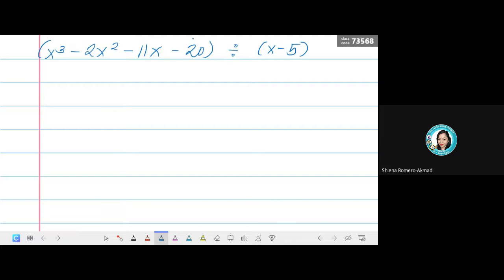And yung term na walang variable, that will be a constant number, dun siya sa pinakahuli. Okay? Next is to write it na ginagamit natin yung symbol for division.